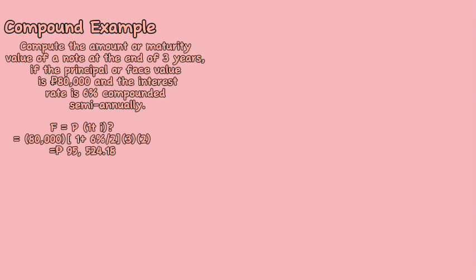The principal value here is 80,000 pesos, so this is 80,000 pesos times 1 plus the formula for i, which is r over m. Since the rate is 6%, we need to divide it by m, and here it is semi-annually, so this is equal to 2. So raising this to n, which is t times m, we have 3 times 2.